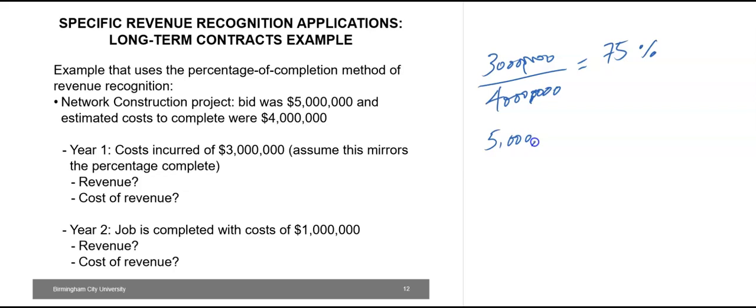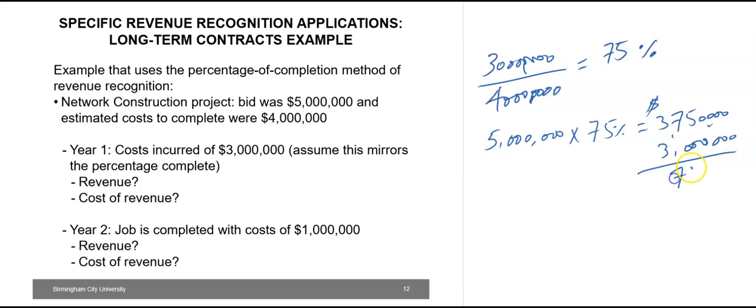That is 3 million divided by 4 million, and this gives us 75% completion of the project, which means that out of the total bid price of 5 million, the company should report 75%, that is 3.75 million in the first year as revenue, and the cost for the first year will be 3 million. So the profit from the project for the year will be 750,000 in the first year.